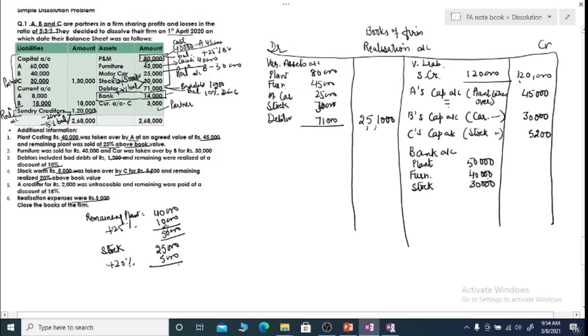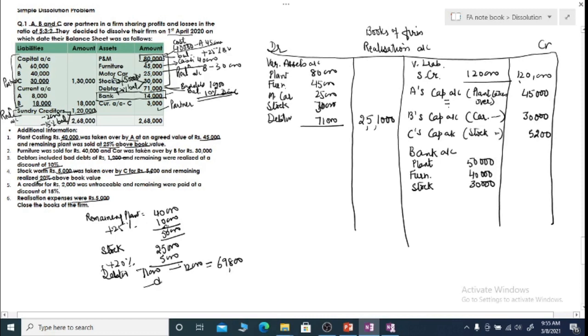All right. Then you have debtors. For debtors, we are given that out of your debtors of 71,000, you have bad debts of 1,200. That means we won't recover 1,200. So we will be recovering money from 69,800. All right, so this is what you are going to recover, and you have 10% discount here.